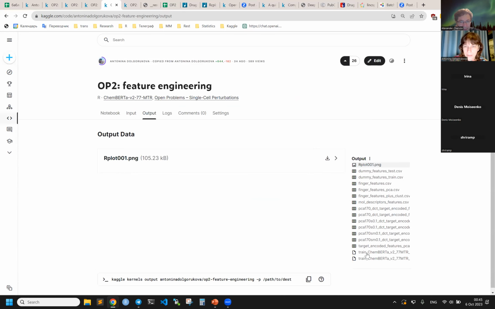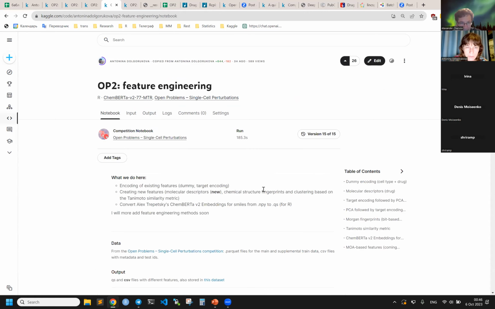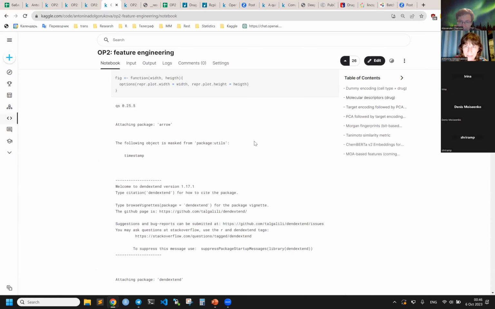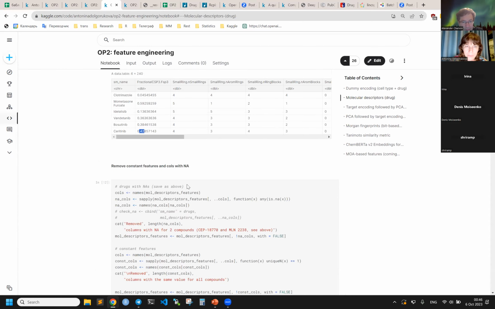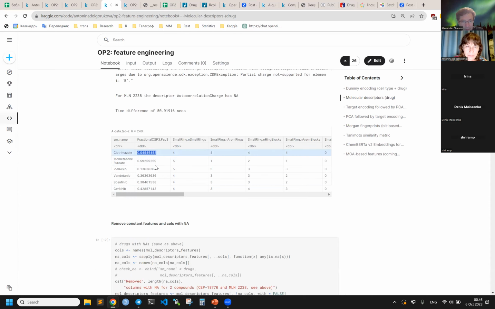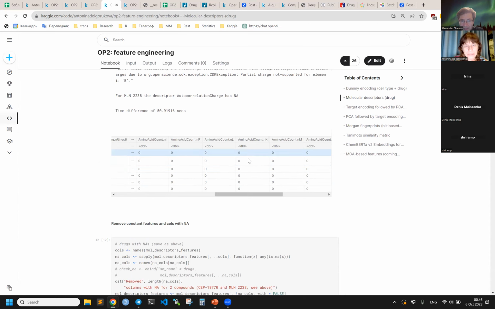You should look more at this data in the output. Here you can find this table, molecule descriptors features, this one already ready for use. And here you can examine the distributions of the data, and you can see doubles, and integers, and also zeros and ones.